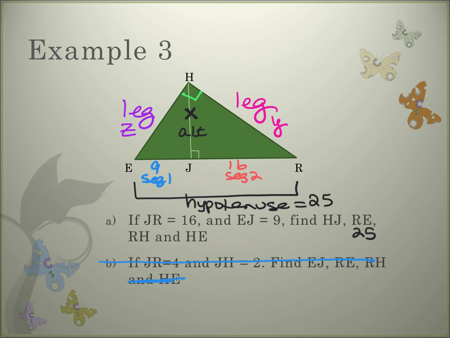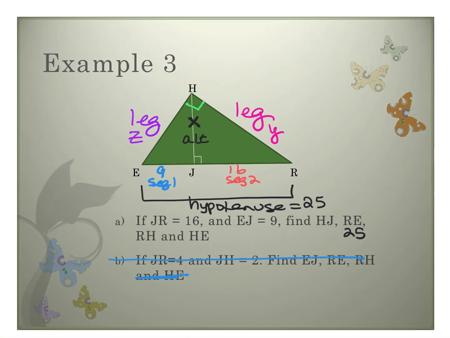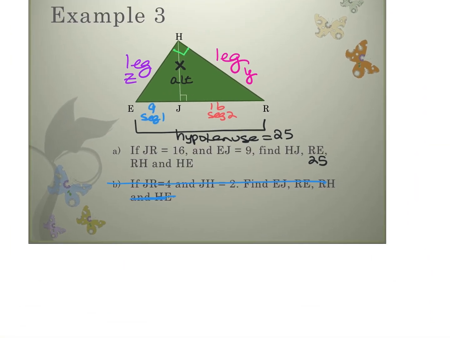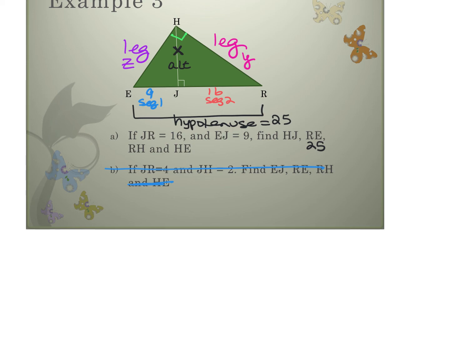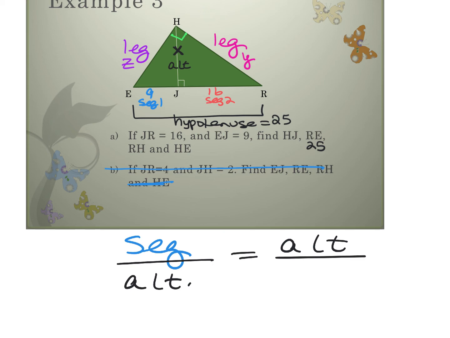Next, I'm going to use my proportions now. Since I have the blue and the red, the two segment pieces, I'm going to use my first proportion. And the first proportion I'm using is going to be segment 1 over altitude equals altitude over segment 2.